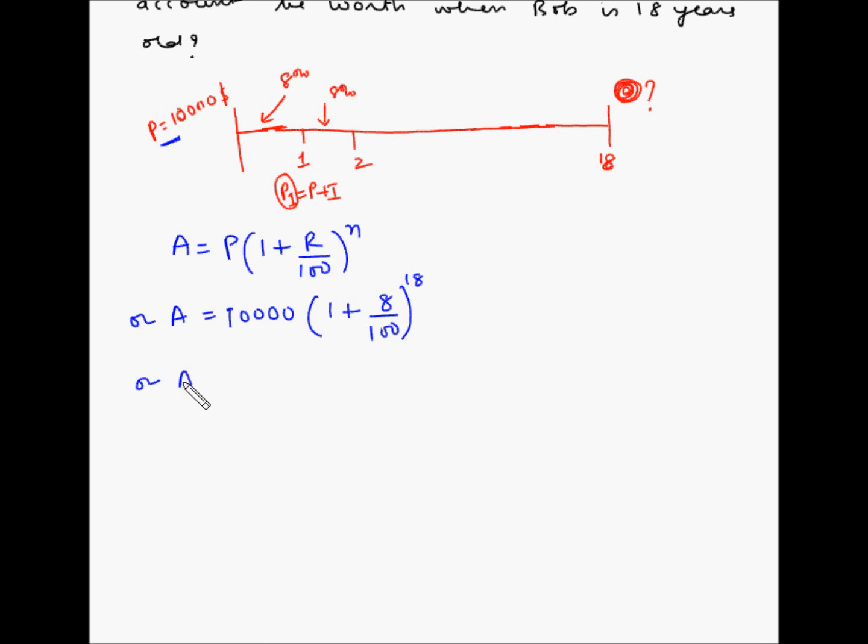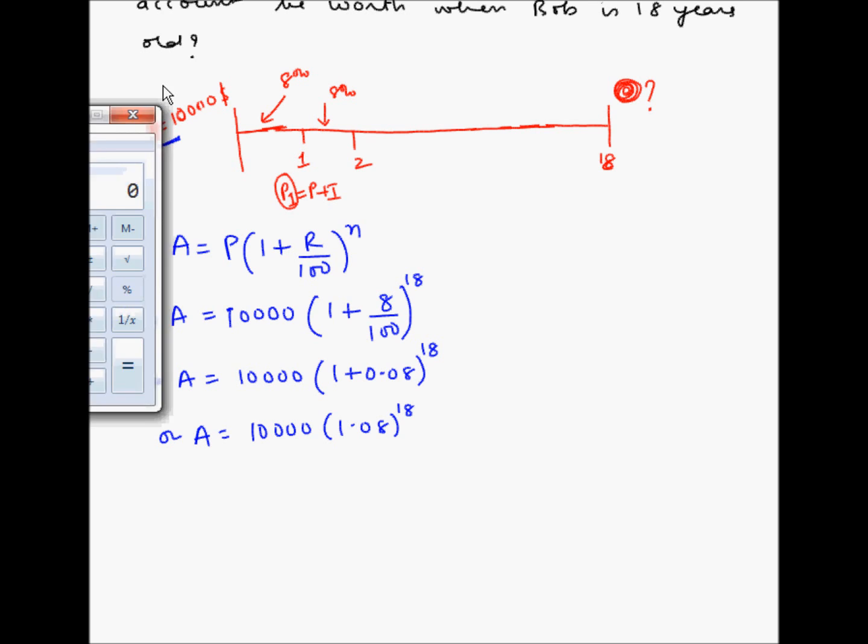So A is equal to 10,000 times (1 + 0.08) to the power of 18, or A is equal to 10,000 multiplied by 1.08 to the power 18.